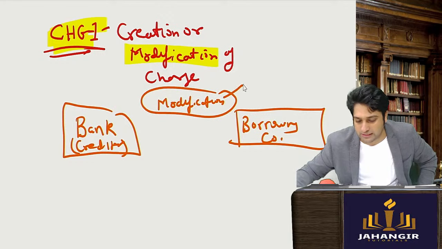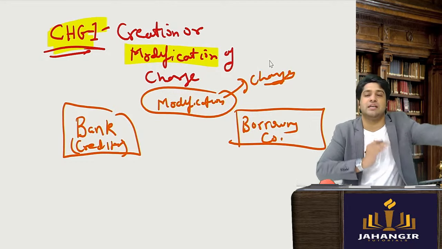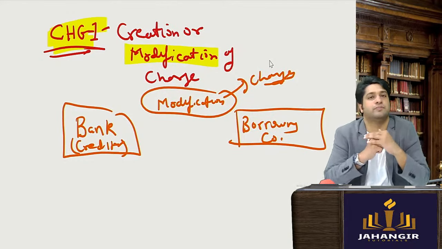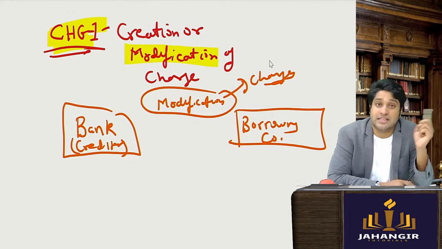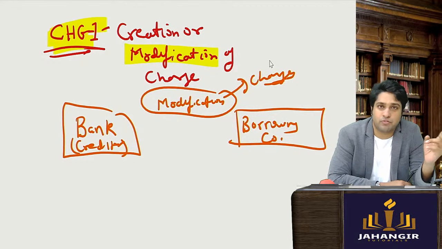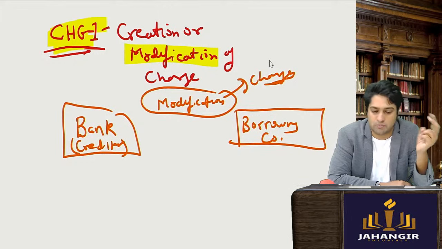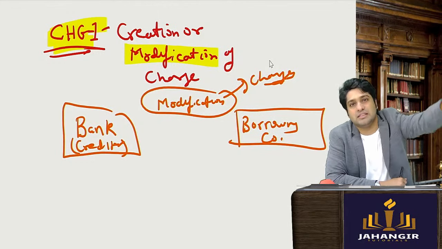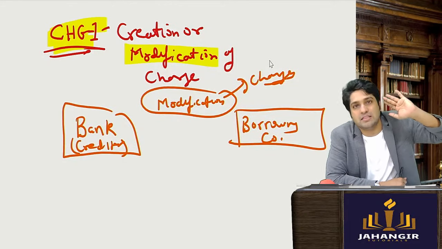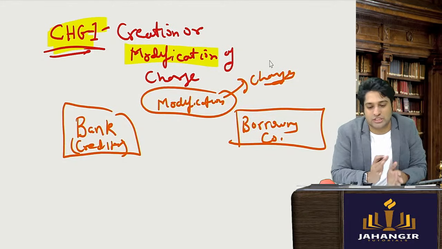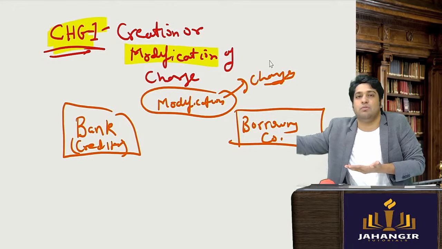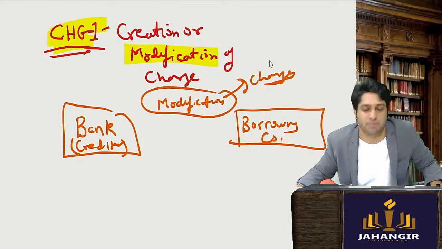That means a few changes have occurred in the original terms and conditions, the original charge document. So again, the timelines which were there for registration will also apply for modification: 30, 60, total 120 days, remember. Whenever there is a change from that day, again that entire 120 time period will apply.